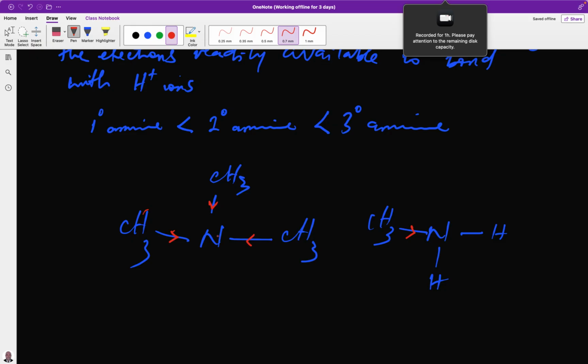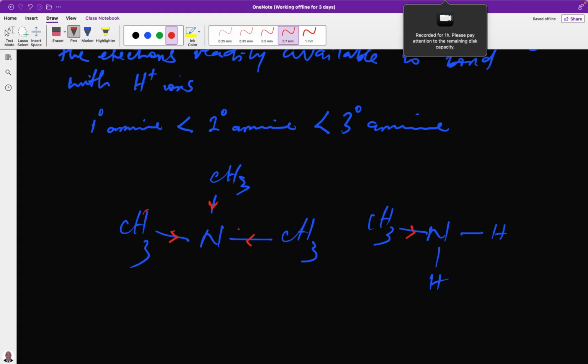And when you form a coordinate bond by donating a lone pair of electrons, you are more basic. That is a basic characteristic. So three different electron donating groups will increase the number of electrons on the nitrogen atom more than only one electron donating group or one alkyl group.